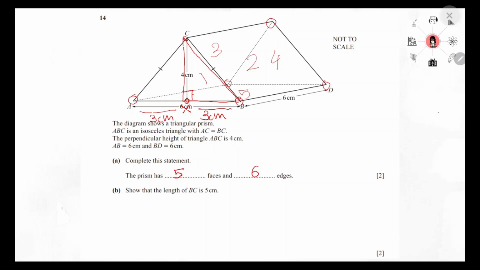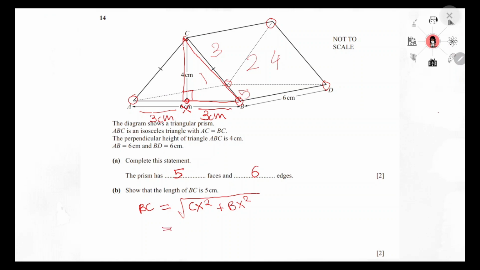So using the Pythagoras theorem, we can find BC. The Pythagoras theorem can be written as BC equals the square root of CX squared plus BX squared.